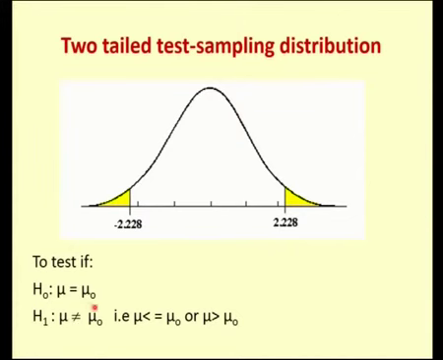That means this mu naught can be less than or greater than the value of my population parameter. So, this will either lie on the left hand side of my normal distribution or on the right hand side. So, it takes both the values, minus 2.28 and plus 2.28.